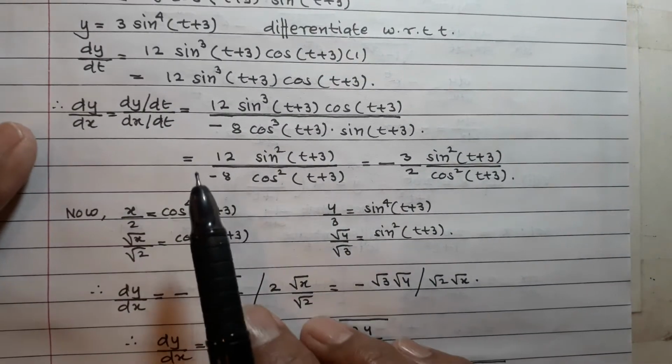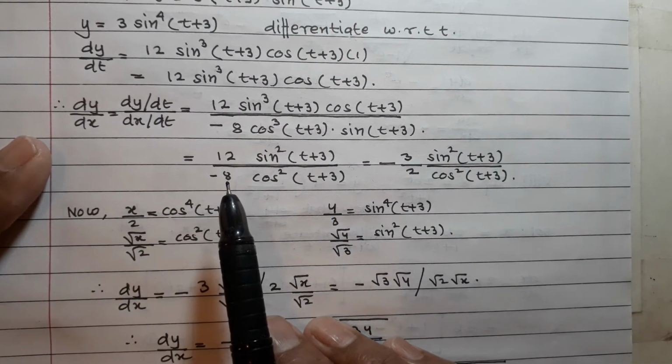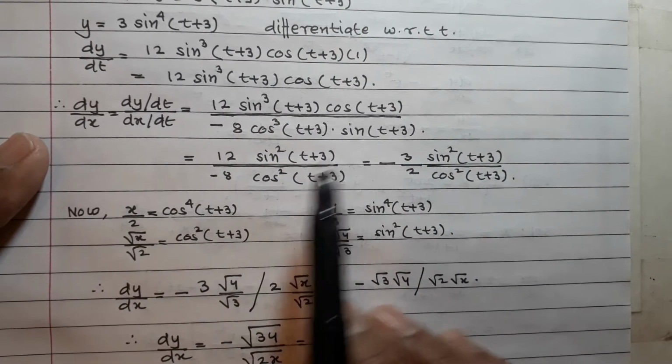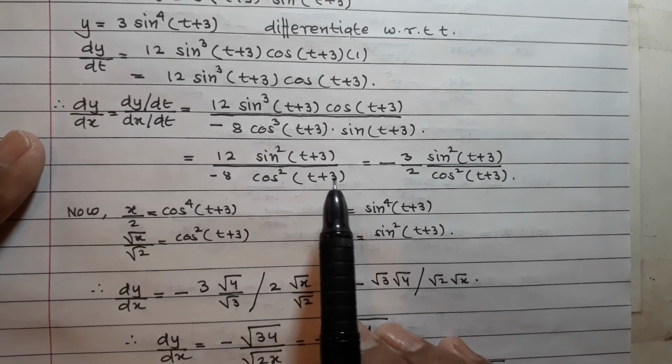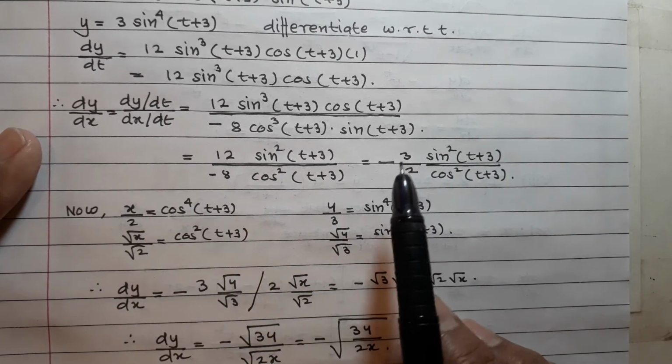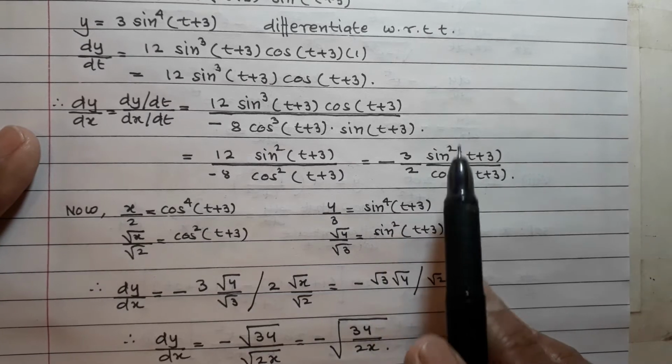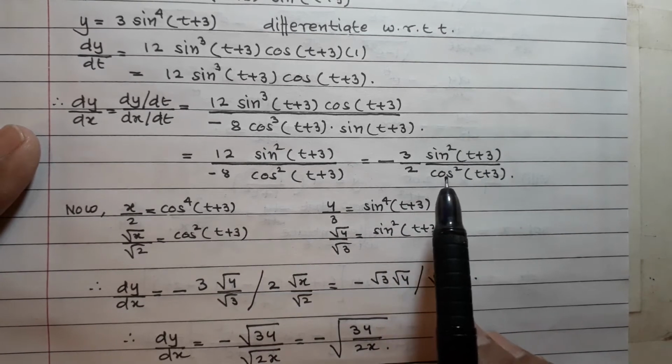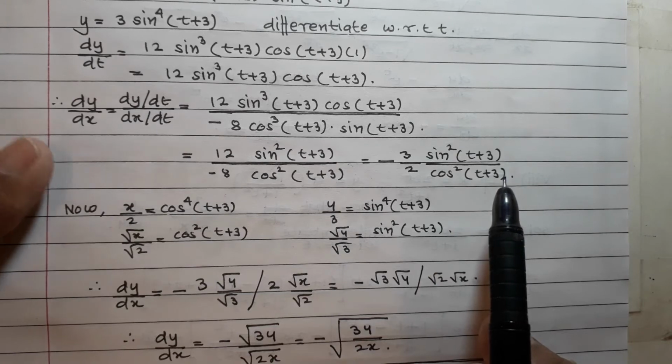Simplify. So it is equal to 12 upon minus 8, sin^2(t+3) upon cos^2(t+3), which is minus 3 upon 2 sin^2(t+3) upon cos^2(t+3).